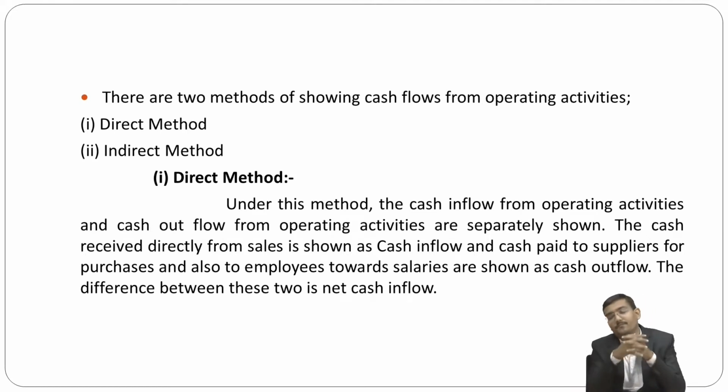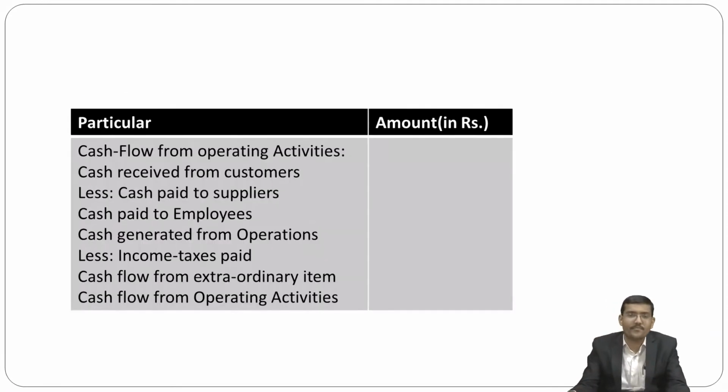Under the direct method, the cash inflow from operating activities and cash outflow from operating activities are separately shown, and the cash received directly from sales is shown as a cash inflow, and cash paid to suppliers for purchases and also to the employees towards salaries is shown as a cash outflow. The difference between these two is the net cash flow. So this is ultimately the easiest method, that is the direct method.